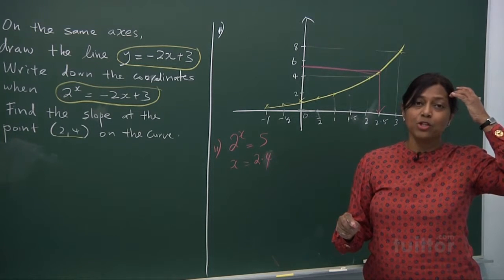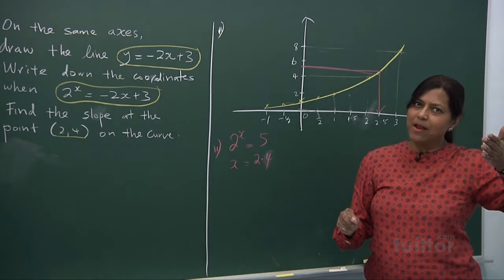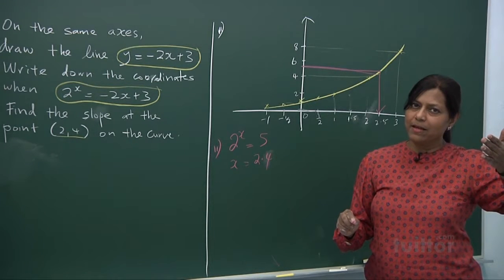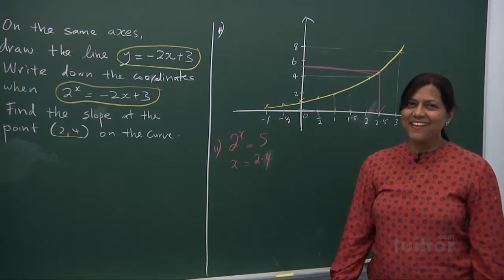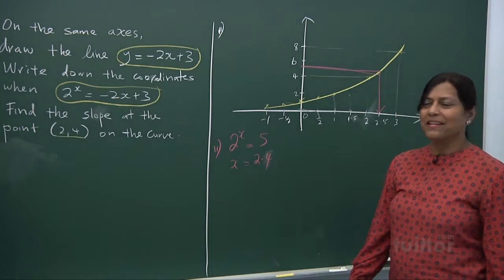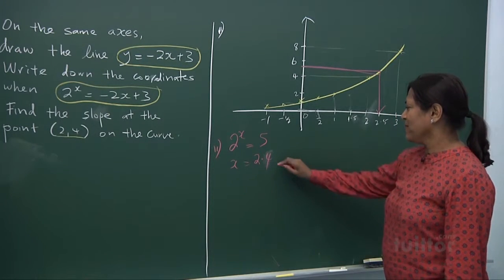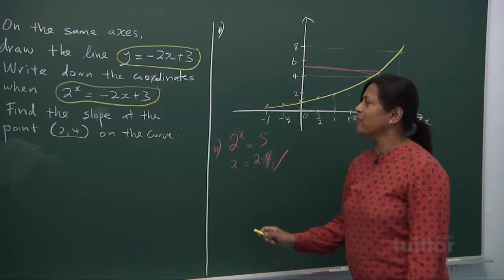As I said, if you don't use your brain, you get an FB. What does the FB stand for? I'm not being dirty. FB, a frozen brain. So use as little as you can, but just use that calculator when necessary. So that's your answer for when 2 to the power x equals 5.